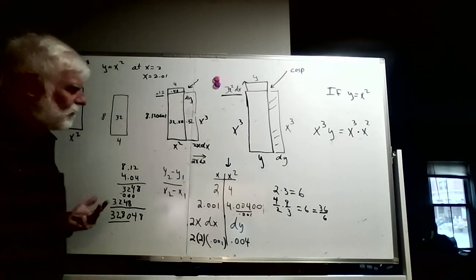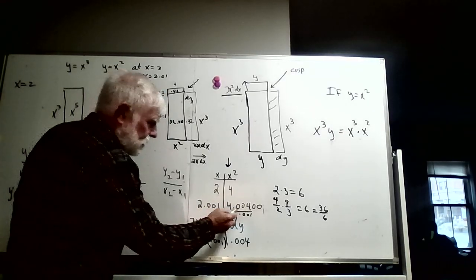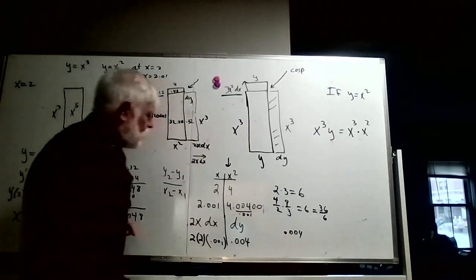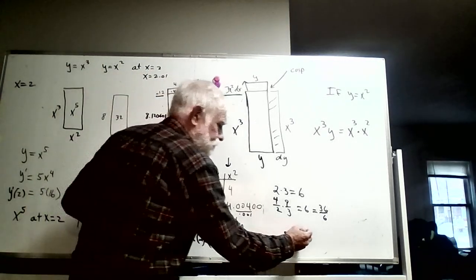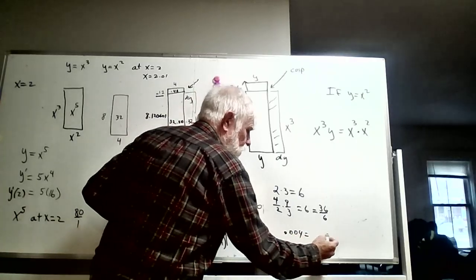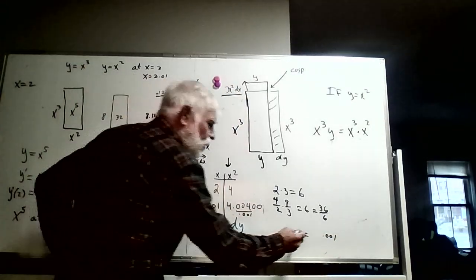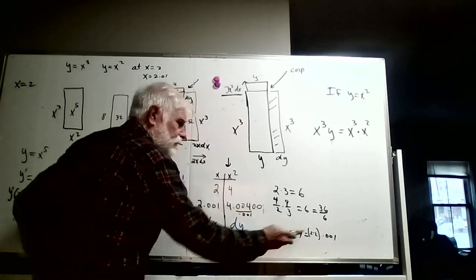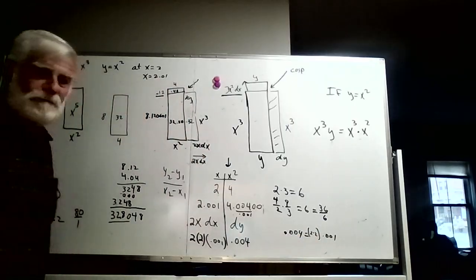Can you see it here? Your dy in this instance for x squared is 0.004. Your change in x is 0.001. And the derivative of x squared is 2x, and 2 times 2 is 4, and 4 times 0.001 is 0.004.